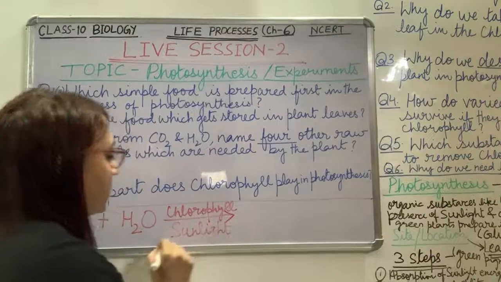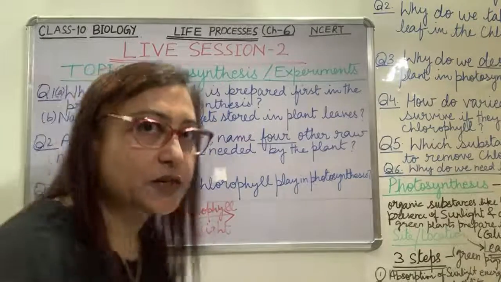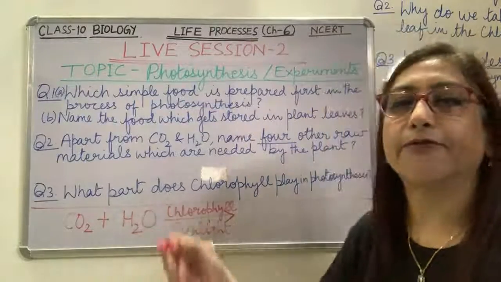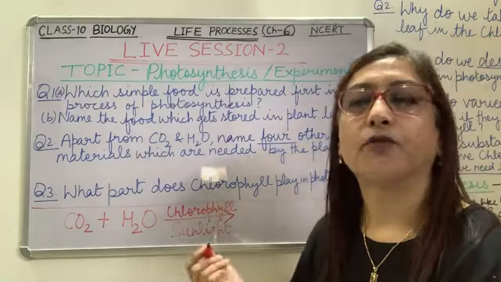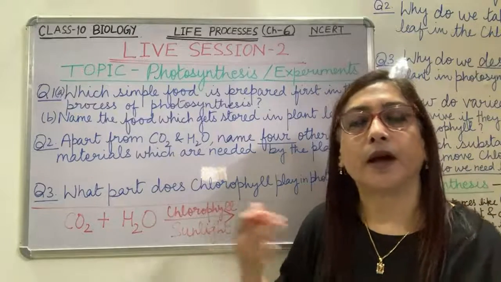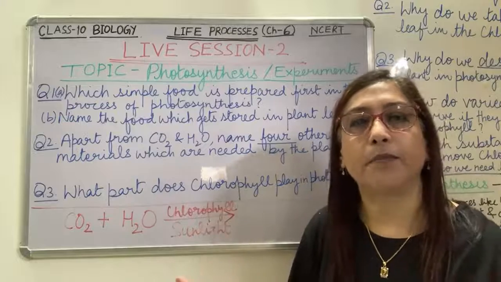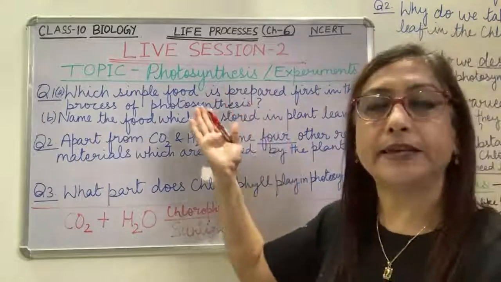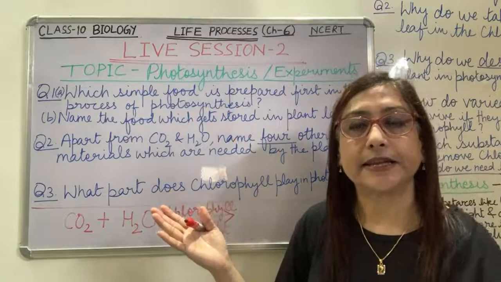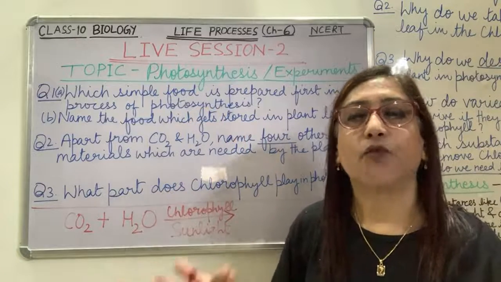These are the four conditions, or you can say the four raw materials, for the process of photosynthesis to carry on in plants. And before that, do you want me to repeat the definition of photosynthesis? What is photosynthesis?